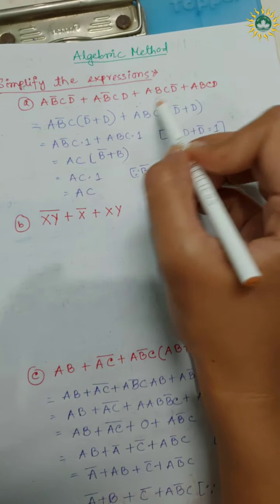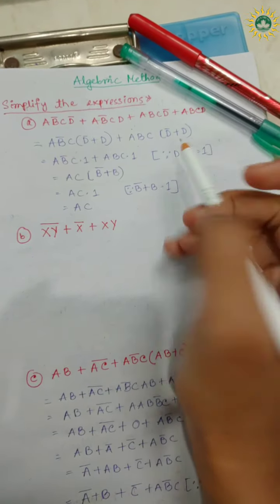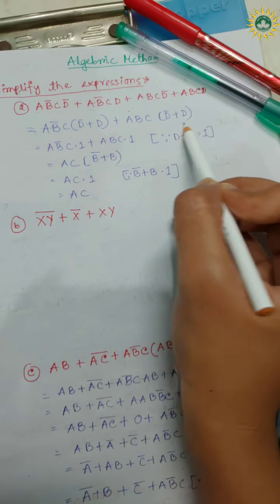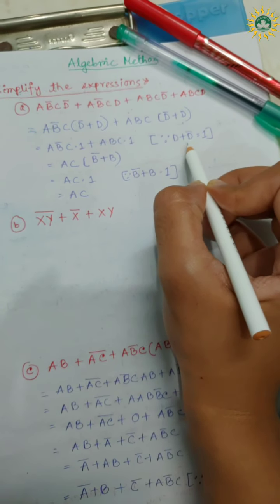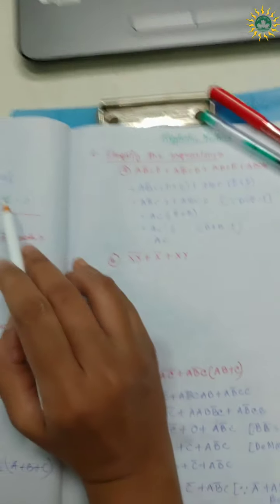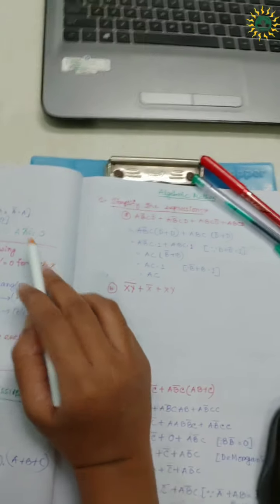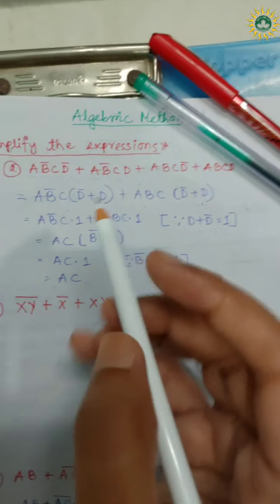Here we can see ABC is common. So we take ABC as common, and then D bar and D is left, which we OR. Now we are using the formula where D plus D bar is equal to 1.